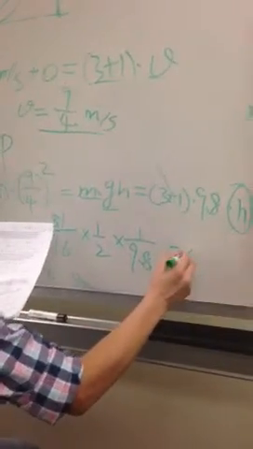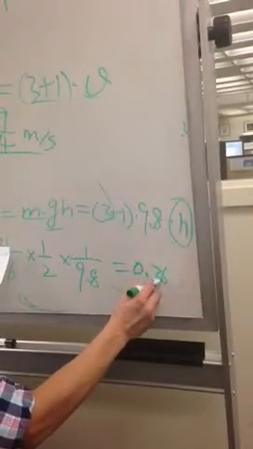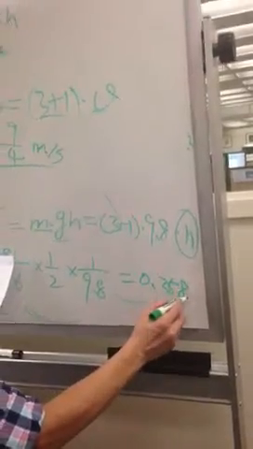And then if you calculate it, it's 0.258 meters. So the answer is D, 0.26. Okay.